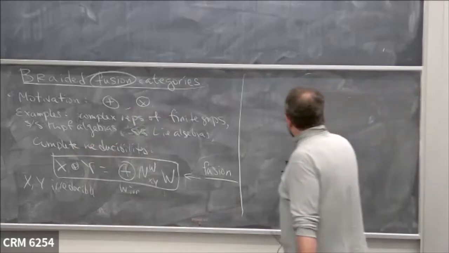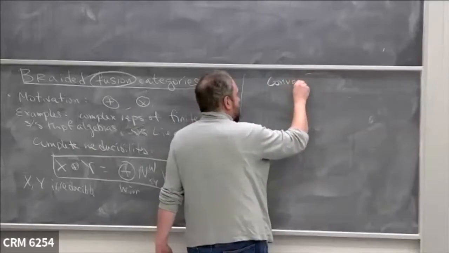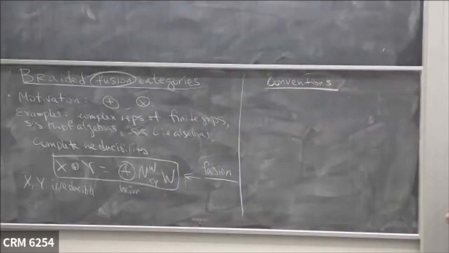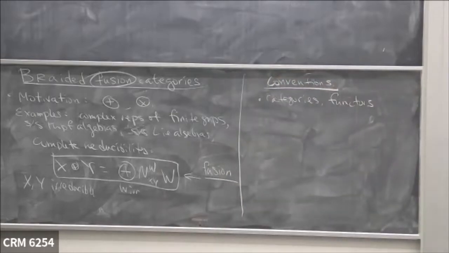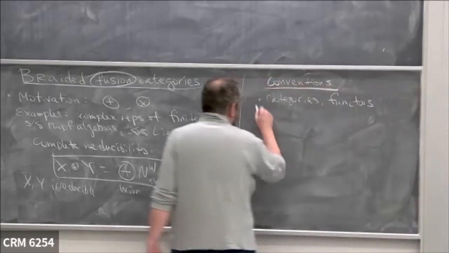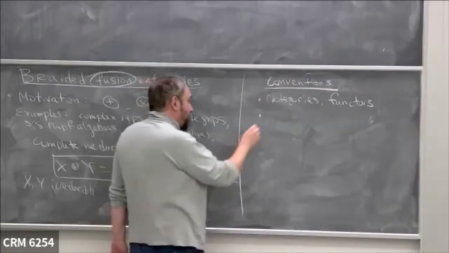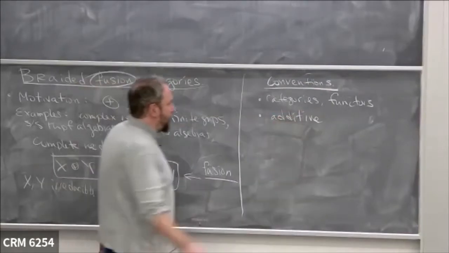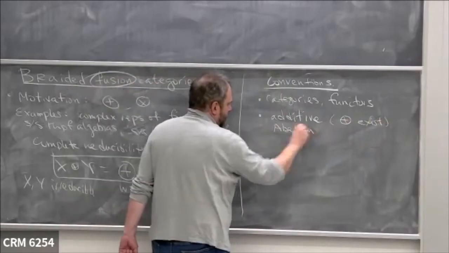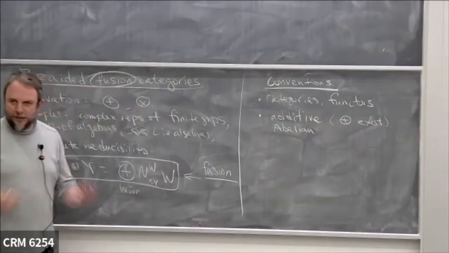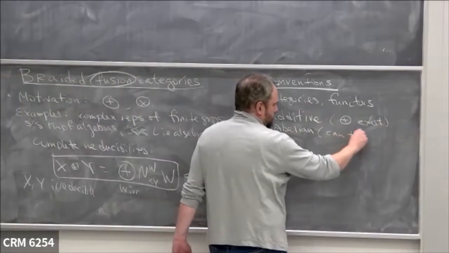Before I proceed, we will need some conventions. I will use the language of categories and functors. A category is a collection of objects and morphisms between them, satisfying the usual associativity properties, existence of identities, etc. Now, the categories I will consider will be of a rather special sort. They are additive, that is, they have direct sums. I would assume that they are abelian, so that one can talk about kernels and cokernels of morphisms.